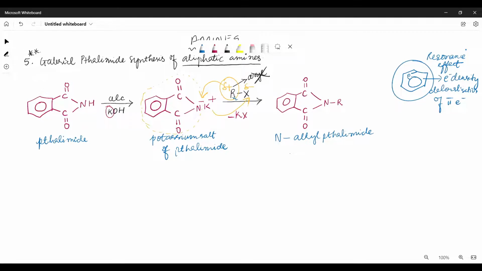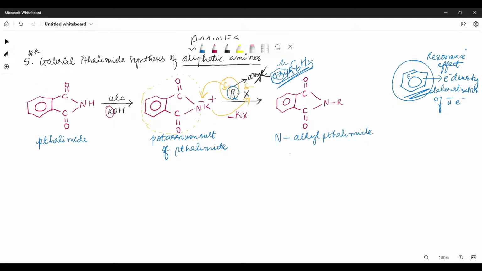Now if you take aryl, that is benzene ring with C6H5, even here there is going to be resonance stability. Even this is going to be electron rich, right? So this electron rich will come in contact with electron rich, so there is repulsion, there is no attraction at all.